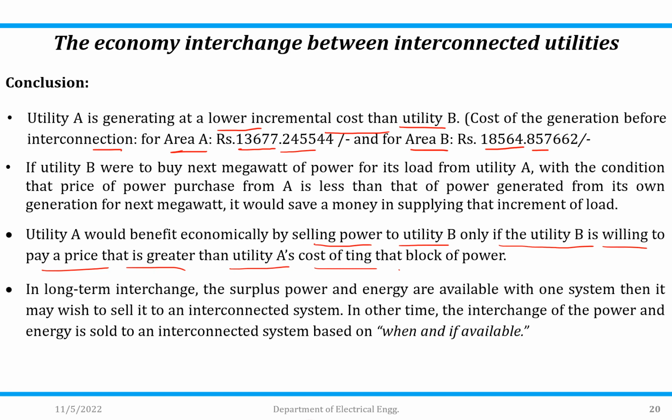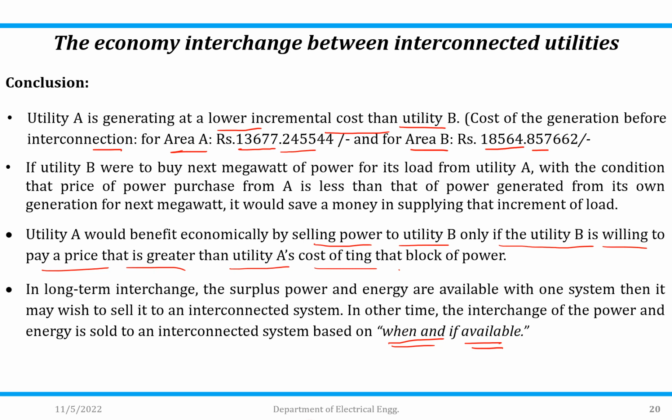At other times, the interchange of power and energy is sold to an interconnected system based on when and if available. This is very important. Whenever it is required and if it is available, then only there will be a power transaction between the two utilities.